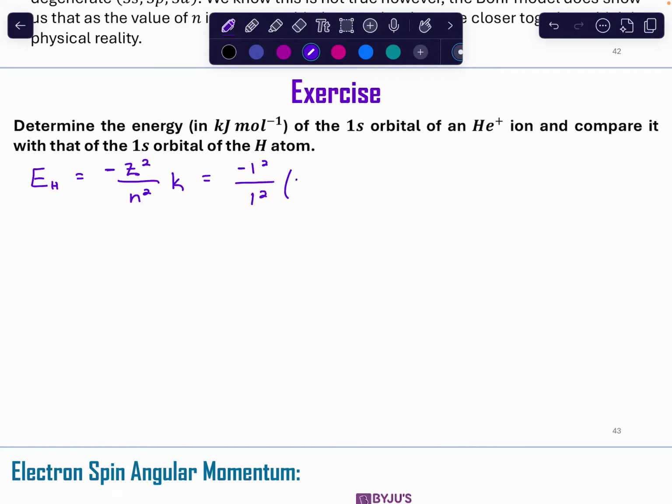And then we're going to do 1.312 times 10 to the third kilojoules per mole. And this is going to give us the 1s orbital energy of negative 1.312 times 10 to the third kilojoules per mole.